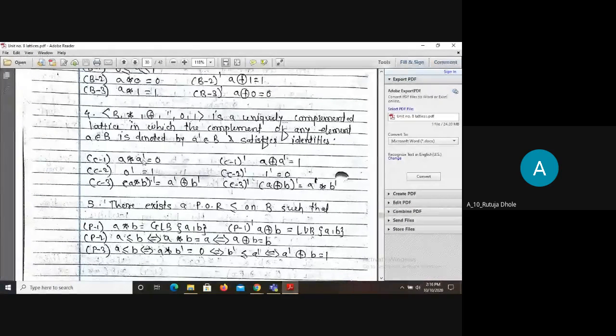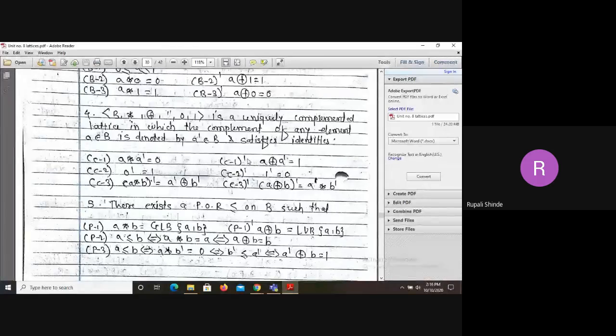Okay. So how have we written this property in the complemented lattice? We have seen that if you take any element and its complement, and you perform star operation on those two elements, you should get the least element, and that least element is 0.